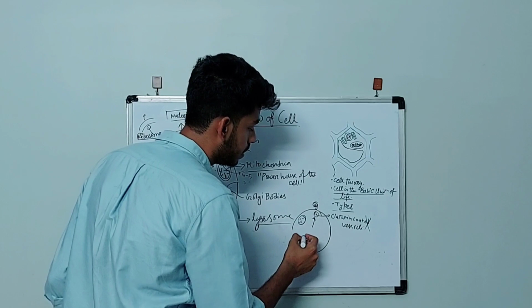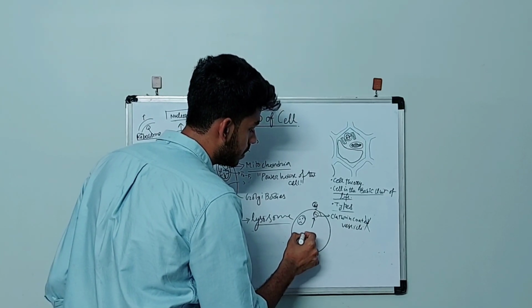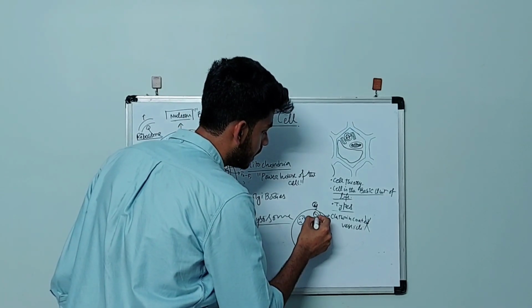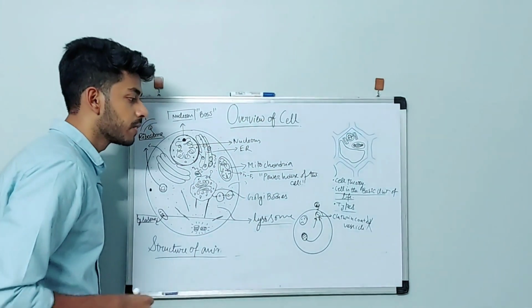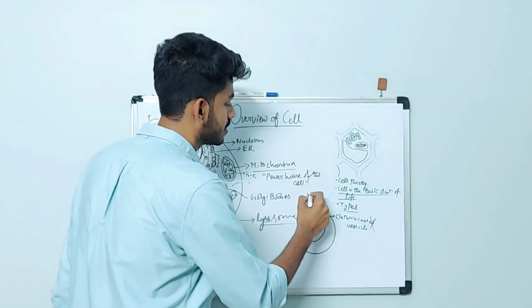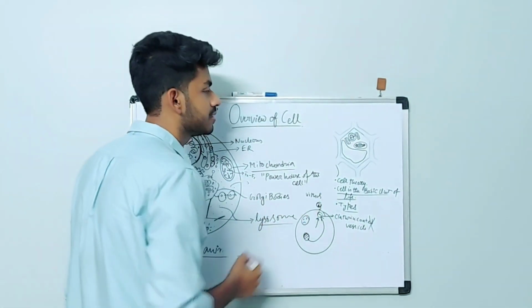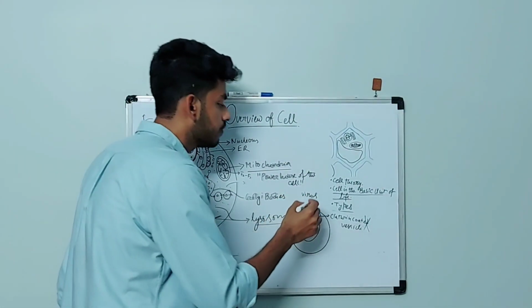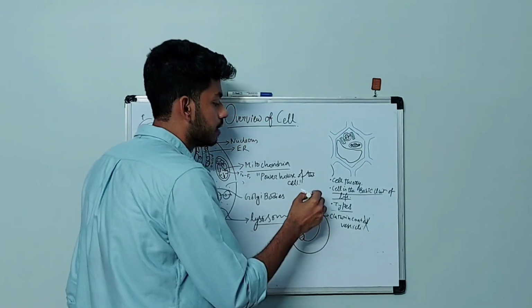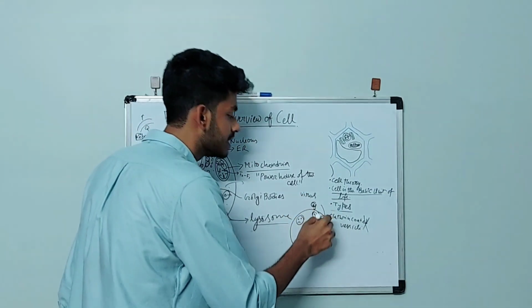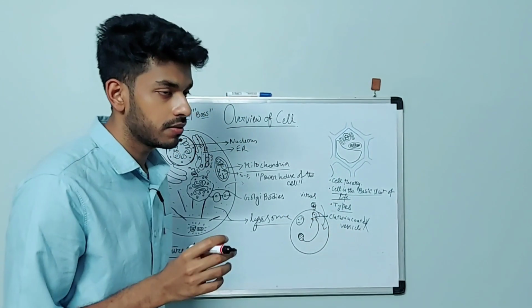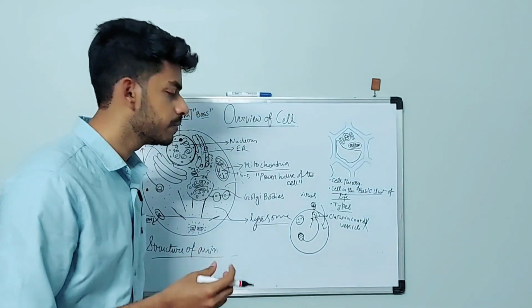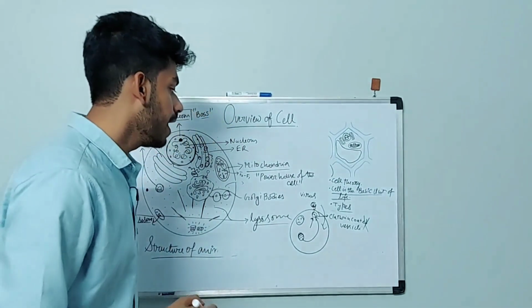So what it does is fuse the lysosome with the foreign particle. Suppose this foreign particle is a virus, and viruses usually have RNase or DNase. When the virus ejects its DNA inside a cell, the DNA is a poisonous particle for the cell.